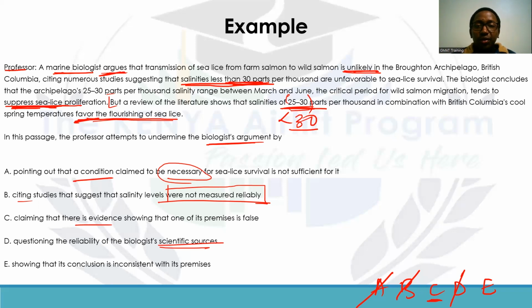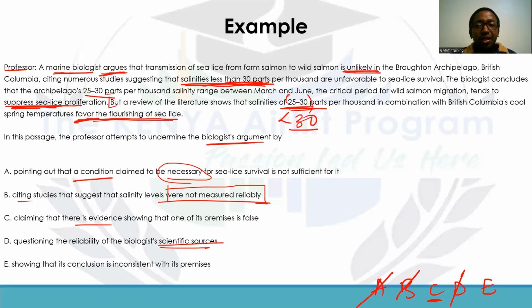We see, of course, the premises: one, salinities less than 30 parts per thousand are unfavorable, and two, because the 25 to 30 parts per thousand salinity range is unfavorable, it tends to suppress sea lice, hence transmission is unlikely.